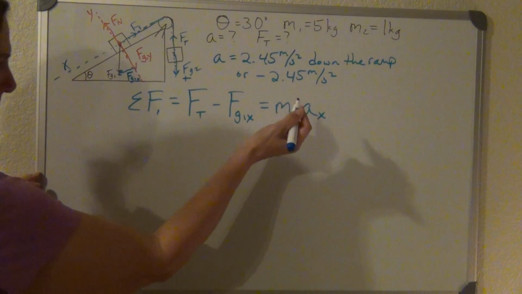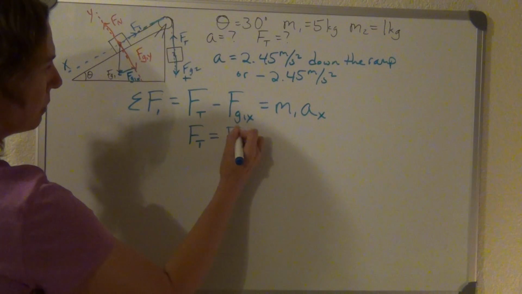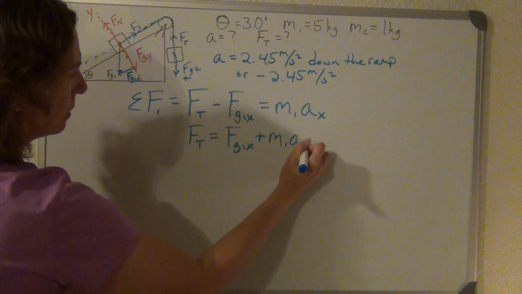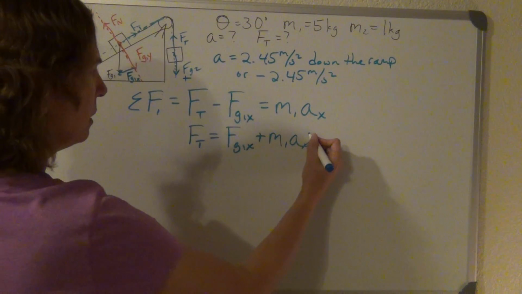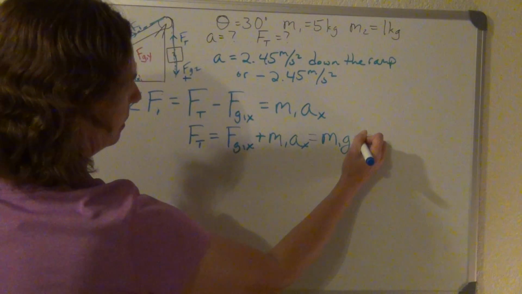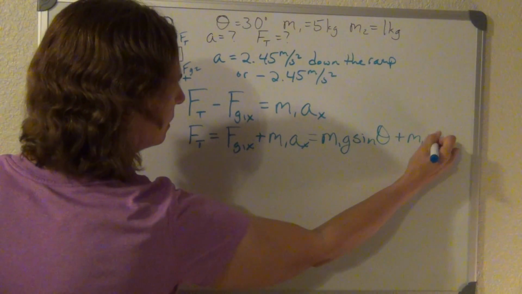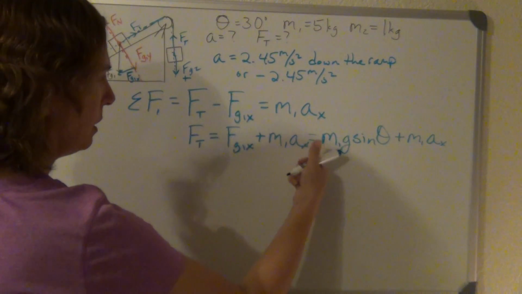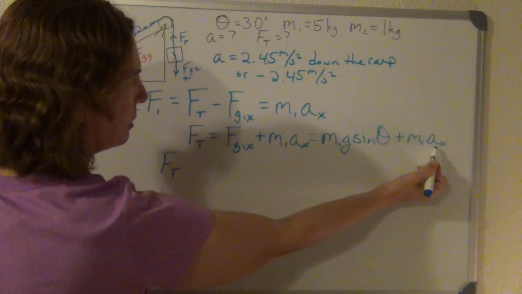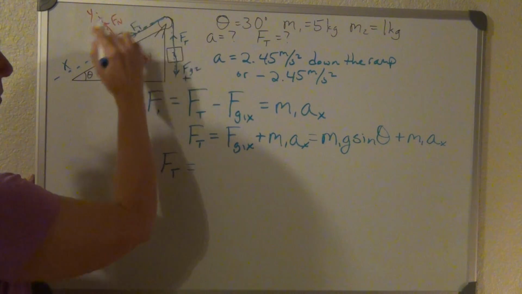Okay. When I plug this through, let's just rearrange first. Force of tension equals Fg1x plus m1 acceleration. Okay, Fg1x is m1g sine theta, plus m1 acceleration in the x direction. When I plug in for this, I need to make sure that I keep my signage. Okay, I'm still calling this direction positive when I summed my forces.